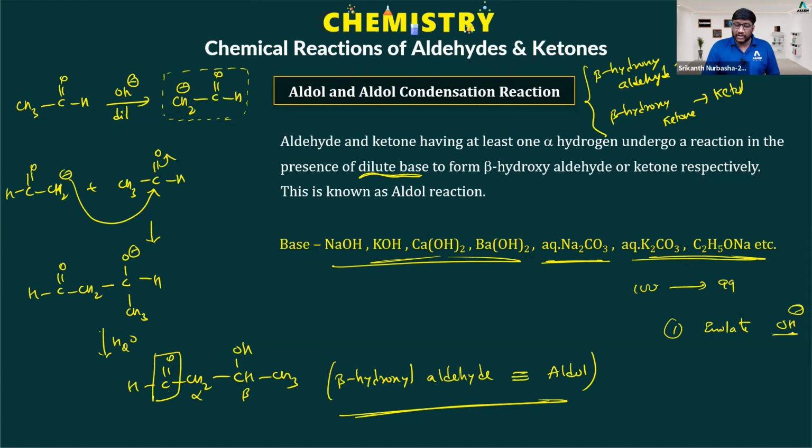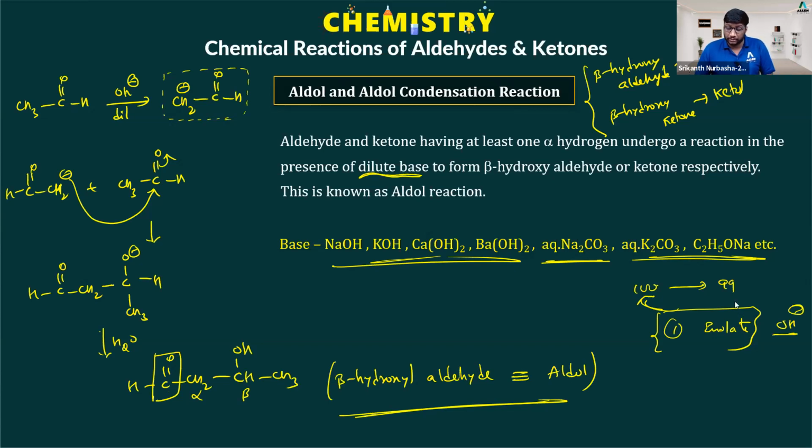If this OH minus is a stronger base, it will try to convert all the 100 molecules to 100 enolates. But the base you are considering should be weaker compared to the enolate. Then only the enolate can react with the next molecule. The base will initiate the formation of enolate, but once it is formed, the enolate has to react, not the base reaction.